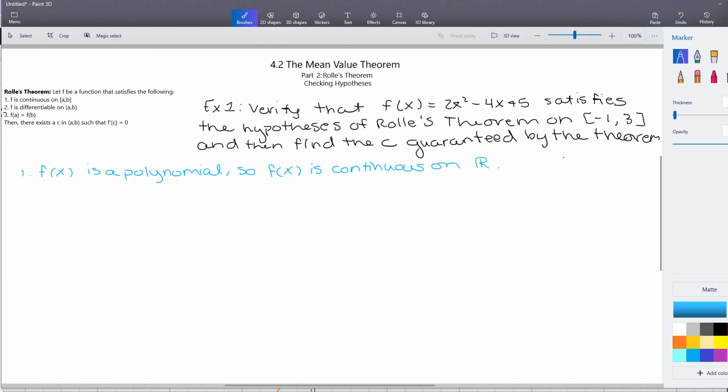We want to check this hypothesis specifically. Okay, so we're going to elaborate. So we're going to say specifically f is continuous on -1 to 3. Okay.